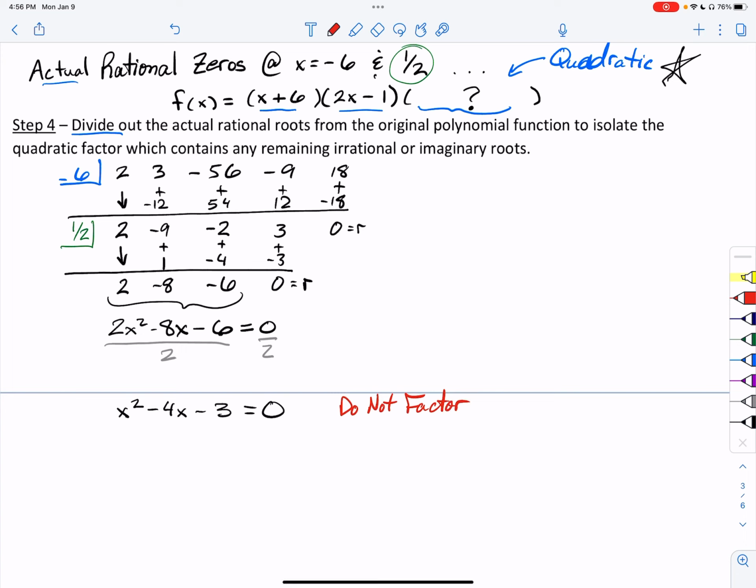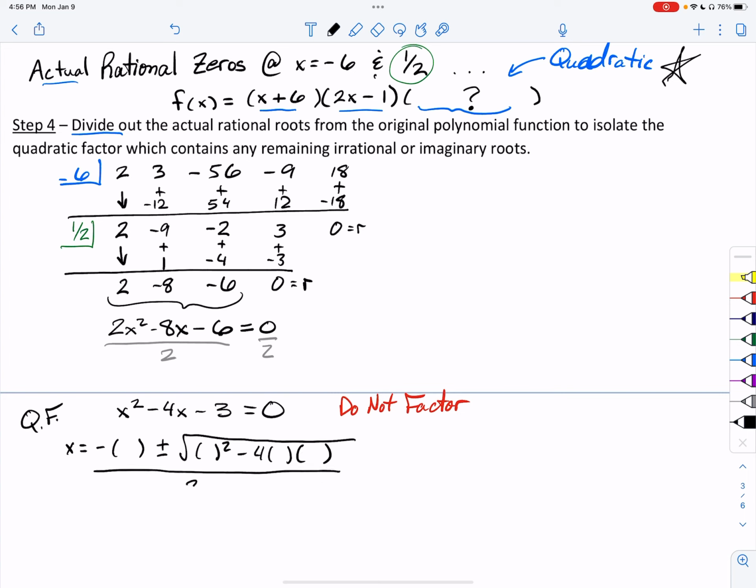What you want to do is go after this with the good old quadratic formula. So I like to set this up with empty containers and then fill in my A's, B's, and C's and protect that order of operations as I clean things up here.